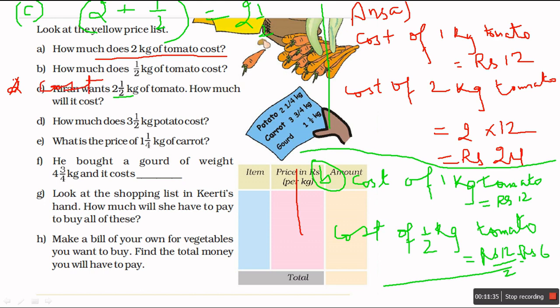Cost of 2.5 kg tomato is equal to cost of 2 kg plus half kg.